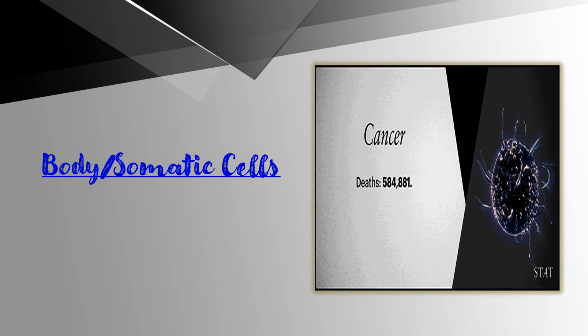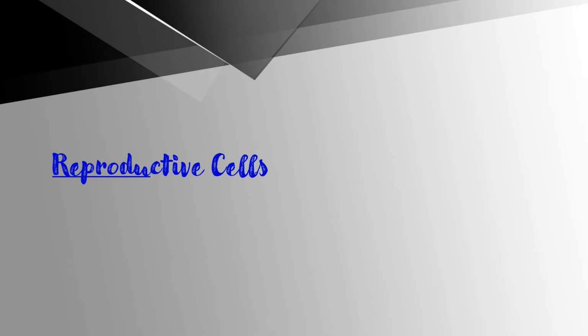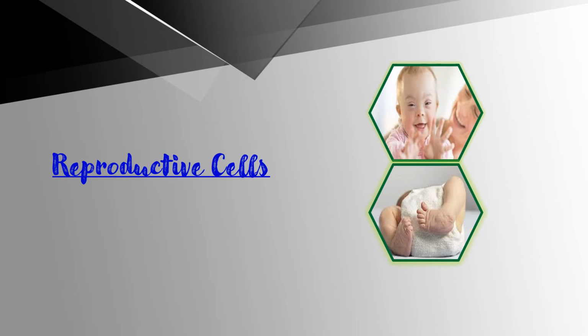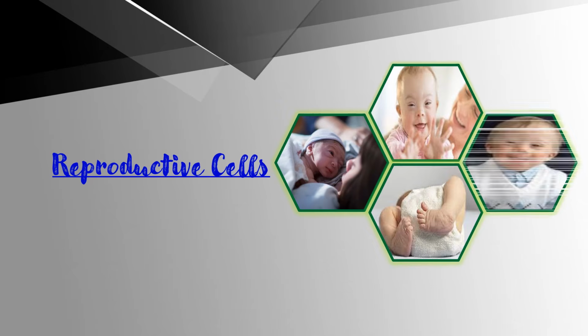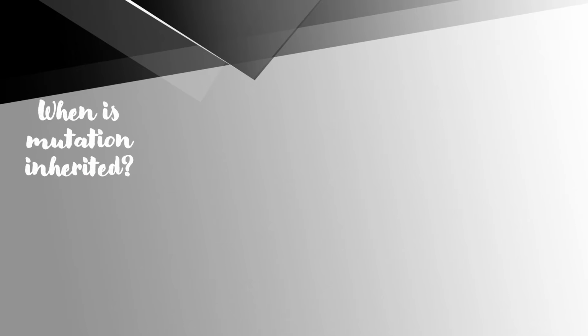Mutation in a body or somatic cells are known to cause cancer, while mutation in reproductive cells can cause birth defects. When is mutation inherited, or kailan nga ba namamana ang mutation?